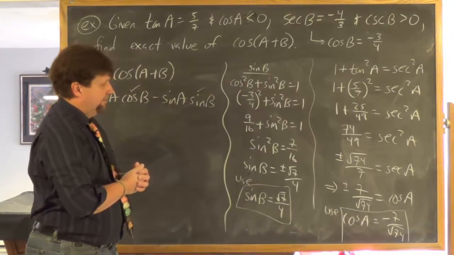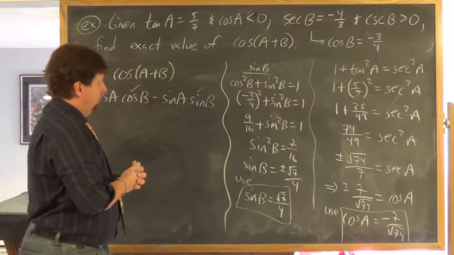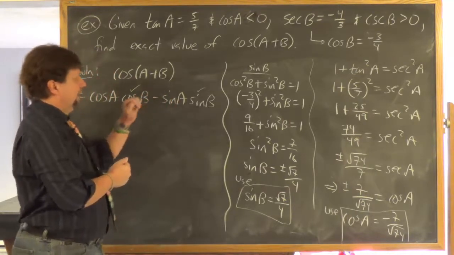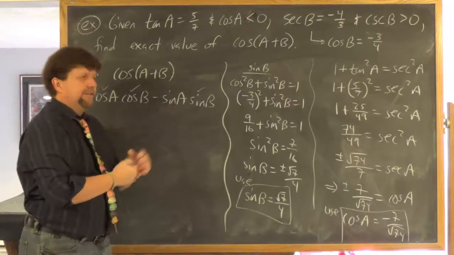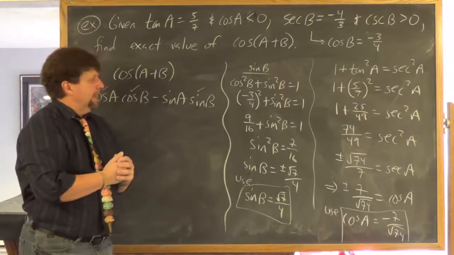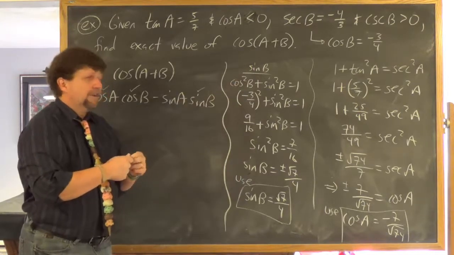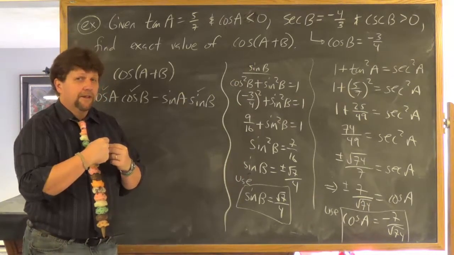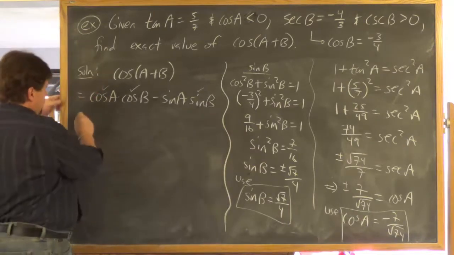Alright, so, little progress check. Let's see where we're at. We know cosine B, we know sine B, we now know cosine A. All that's left is to find sine of A. And to get the sine of A, I'm going to have to do some erasing here. So I better put in information that I already know before I erase and before I lose it. So here I go.